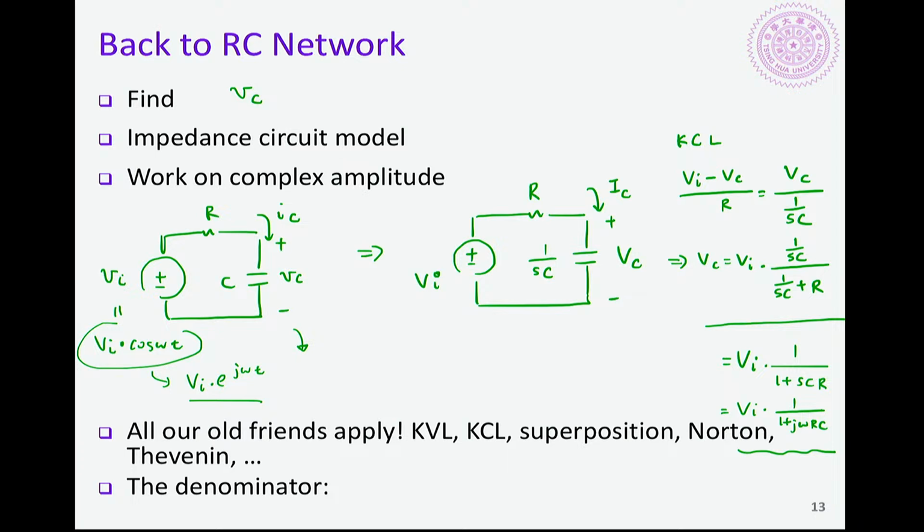So it's easy to write by using KCL that you have VC equal to this value, which is the complex amplitude that we solve in the previous lecture. So what you do now is you only need to take the real part of this. 这就跟上一章做的一样，对不对？So you take the real part, that will be equal to VC, which is a sinusoidal response of this circuit.